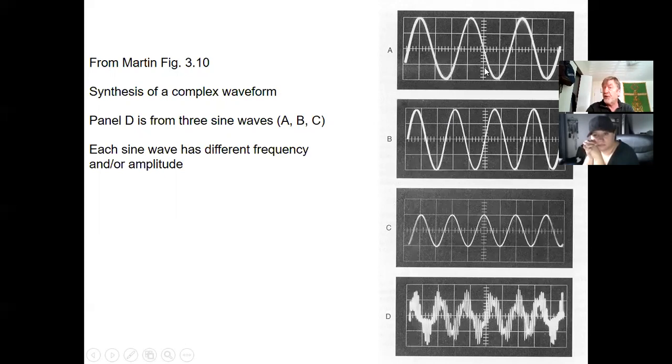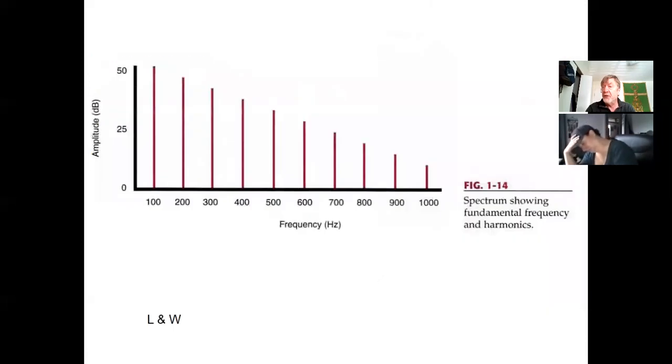So this one's the lowest frequency. This one's a slightly higher frequency. This one's higher in frequency, but it's softer. Anyway, you add those three sounds together, you're going to get the bottom, a complex sound. And you're looking at the waveform. These are not spectra. This is a spectrum. These are sound waves. Spectrum, sound waves.